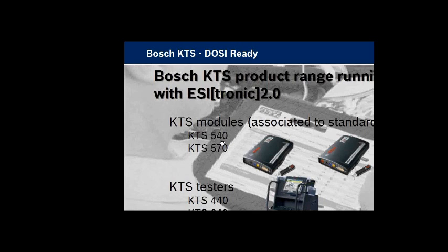In the 540 you have a multimeter, and in the 570 you have a multimeter and oscilloscope. And we also have those full packages with the PC tablet from Bosch, which is dedicated to diagnostics and this module. So the 8 series are with a 13-inch PC tablet, the 440 with a 10-inch PC tablet.